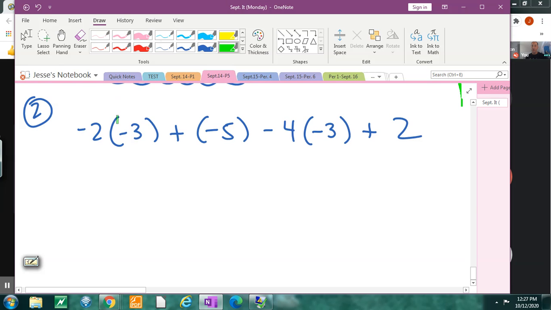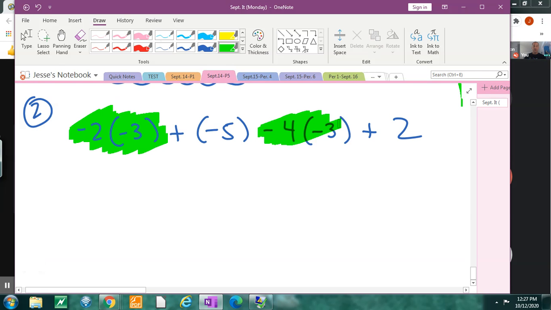We have to multiply. Plus negative 5, leave it alone. Negative 4 times, another multiplication. So the ones in green, you have to multiply first. If you don't have markers, just circle them. What about plus 2? Just drop it down.